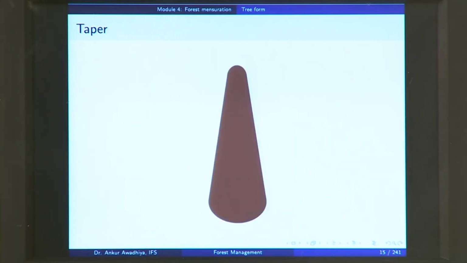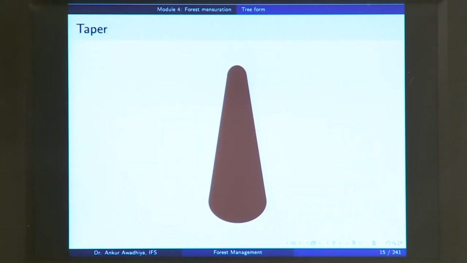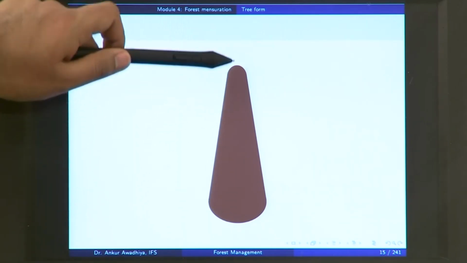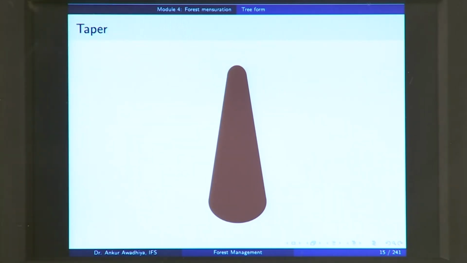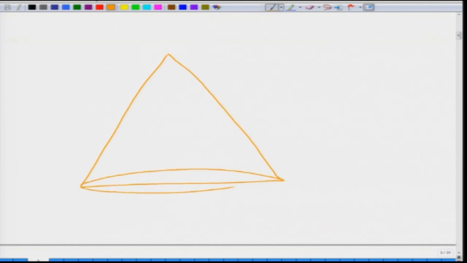So, what we are saying here is that if you look at this particular form, it is a frustum of a cone. As you are moving up, the diameter is reducing, so let us draw this shape. The diameter at this point is d1, the diameter here is d2.